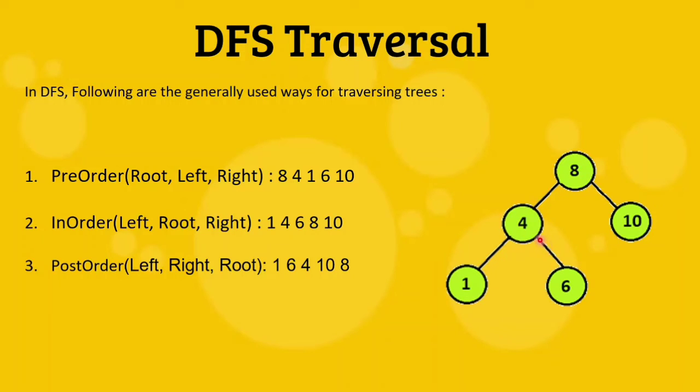Again we will check whether it has left or right or not. So it has. So we will come here to 1. So 1 we will write. Then we will traverse back to our parent node. And there we will check, is there any right node? Yes, 6 is there. So we will write 6.